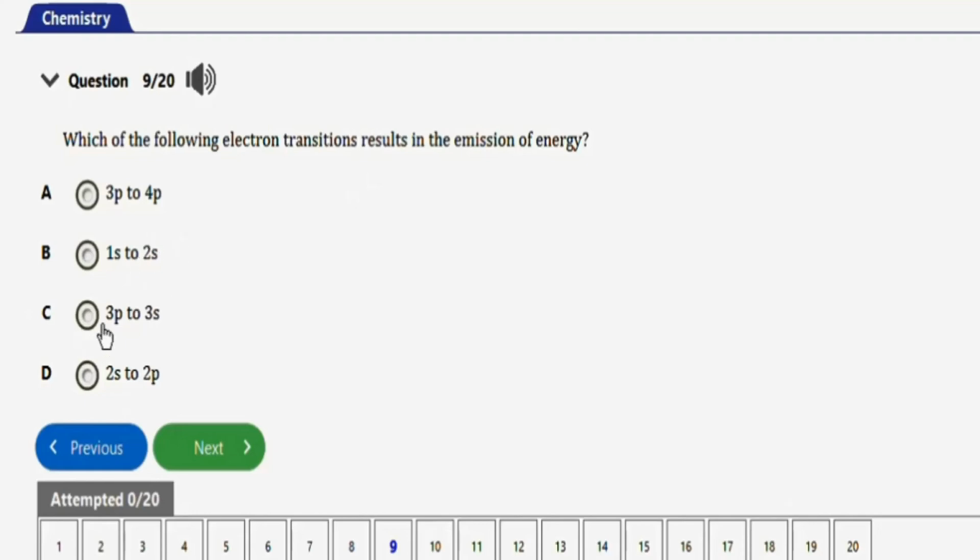So the right option here would be option C, which is 3p to 3s. You're going from the higher orbital to the lower orbital. Emission of energy occurs when there is a transition from a higher orbital to a lower orbital, which is option C here.